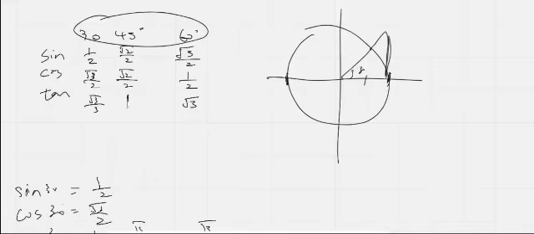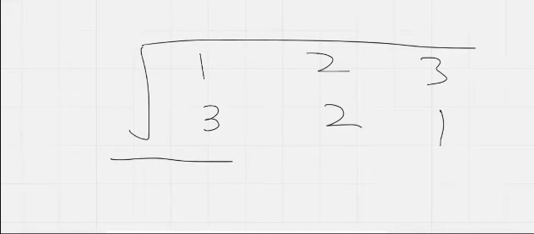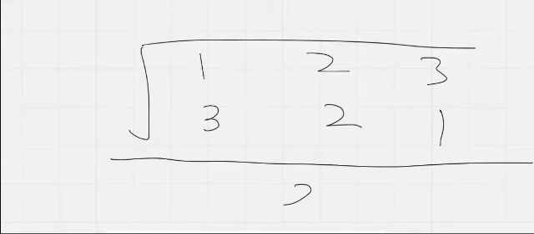And there is a way to remember this, and I have also included this in my previous video. I can draw a big square root sign, and I will say 1, 2, and 3. The next row I'm going to say 3, 2, and 1, and then I'll say over 2.